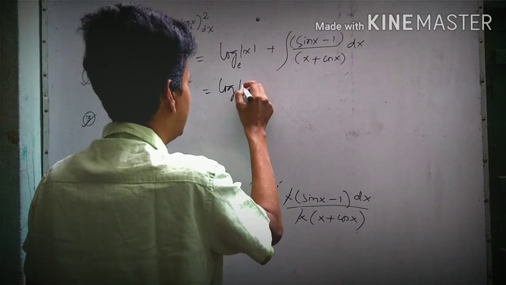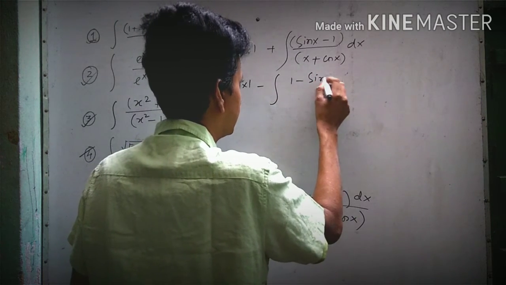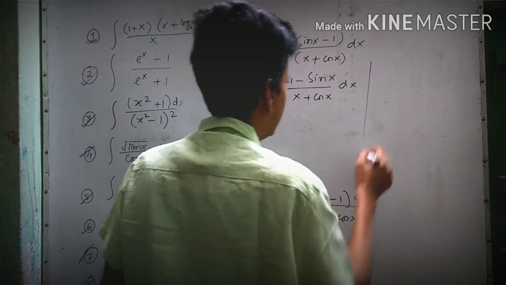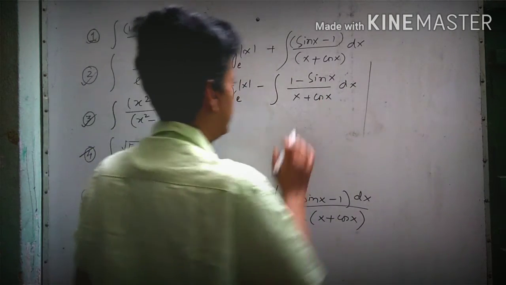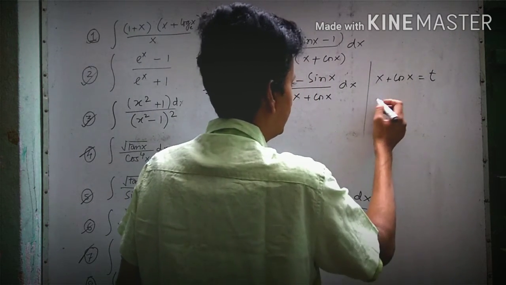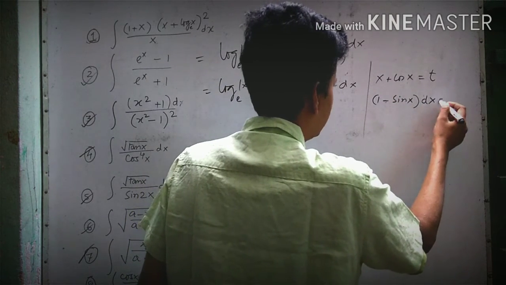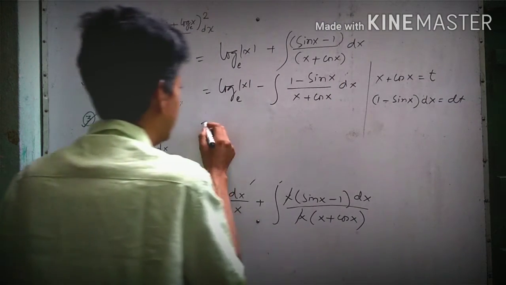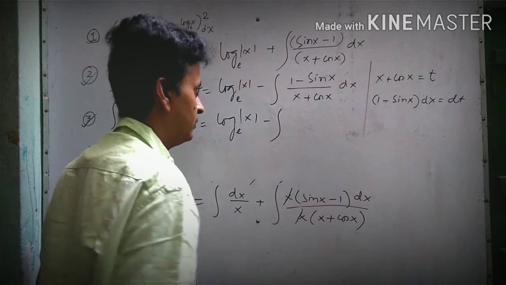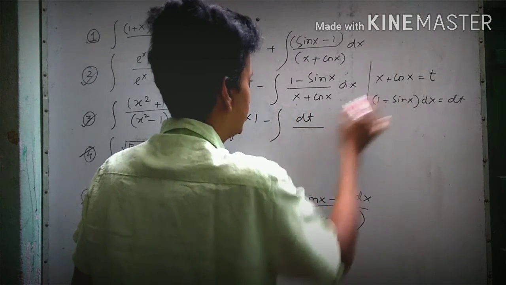So we can take minus common, so we get 1 minus sin x by x plus cos x dx. For this integration, we can put x plus cos x equal to t. Therefore 1 minus sin x dx equal to dt. Therefore we get log of x minus integration of, we put 1 minus sin x dx, that is dt, and x plus cos x, that is t.